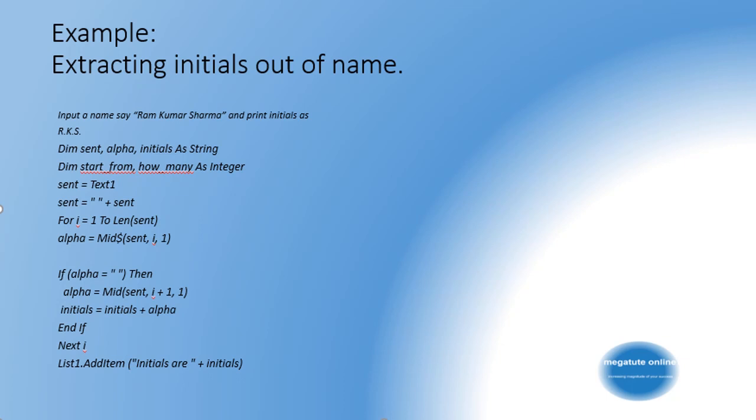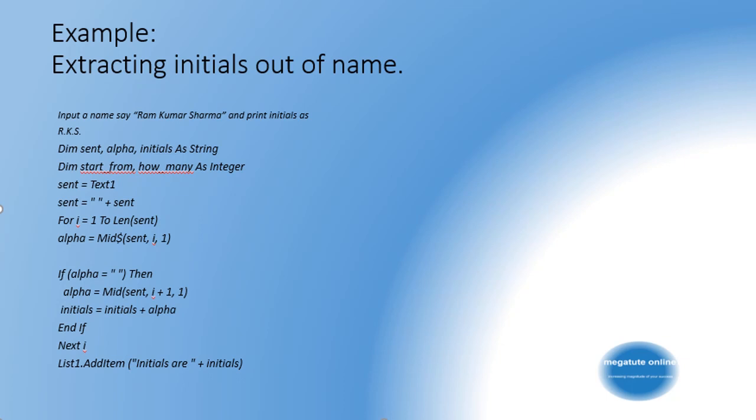or the name. And then you are going to run a loop from 1 to the length of the sentence. You're going to pull out the alphabet as you were doing earlier, and you are checking if it's a space. If the alphabet happens to be space, then you are going to pull out the I plus 1th letter, that is the next letter you're going to pull out, because the next letter is going to be the initial.